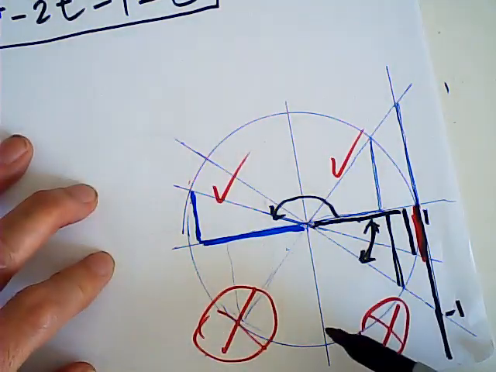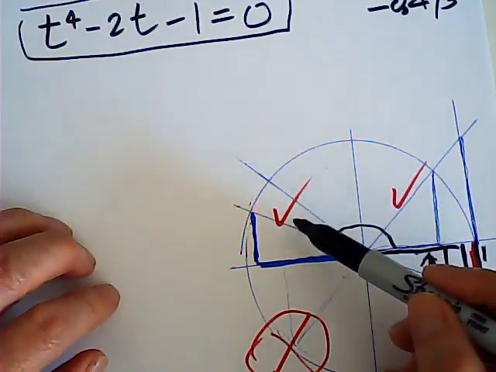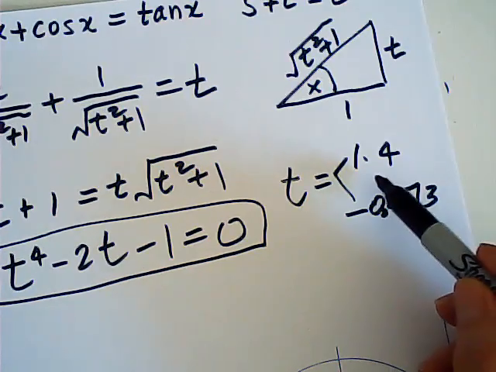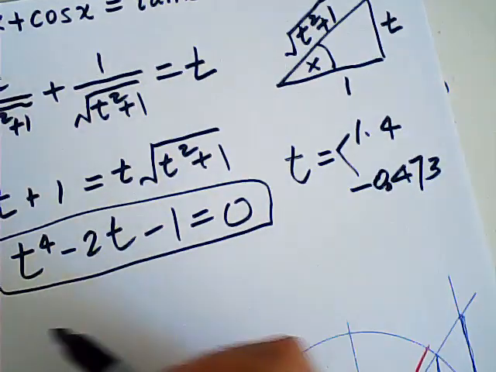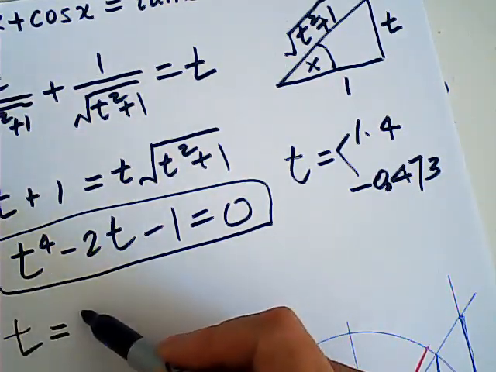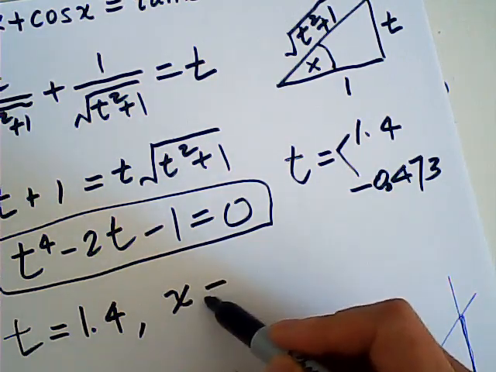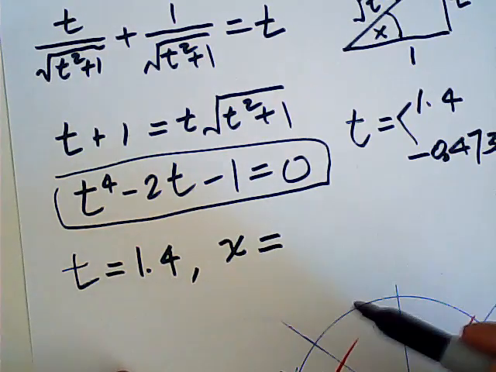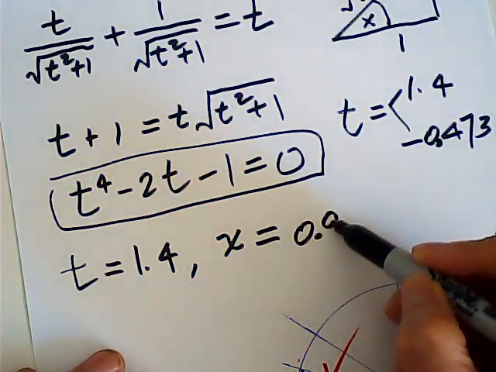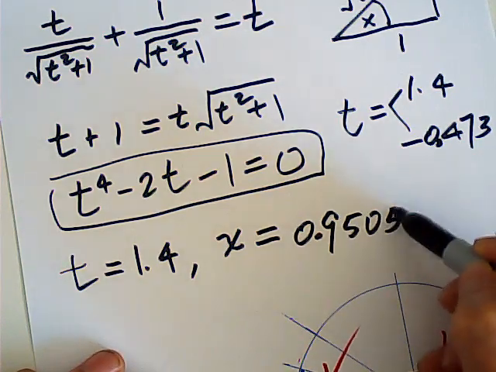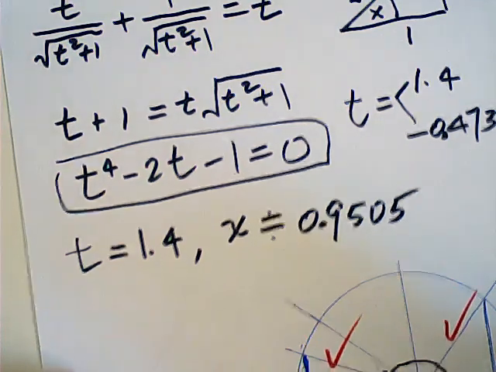As we discussed before, x can only be located in the first quadrant and the second quadrant. So this will be the angle in the first quadrant. Therefore, t is equal to 1.4, then x is equal to, using arctangent, 0.9505. Approximation.